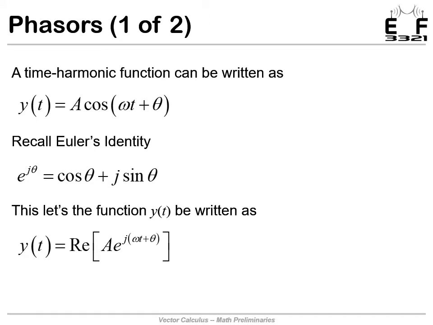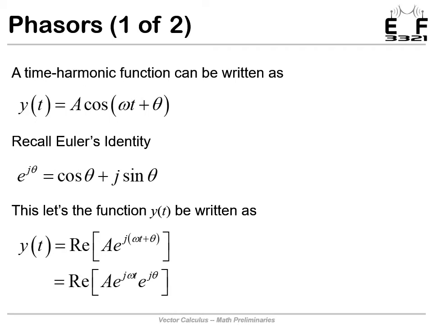That means our time function y of t is the real part of our amplitude times this complex exponential with an argument of j times omega t plus theta. Because if we plug this j times omega t plus theta into Euler's identity, and then of course just take the real part of that, we get our cosine back, cosine of omega t plus theta.